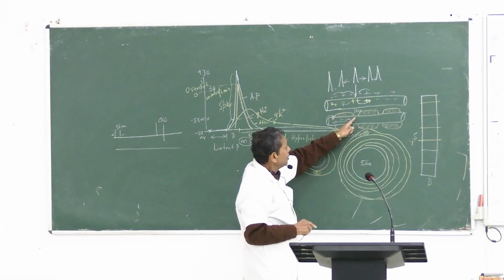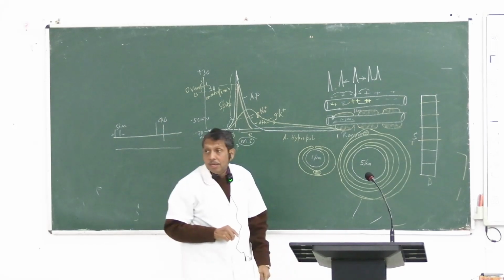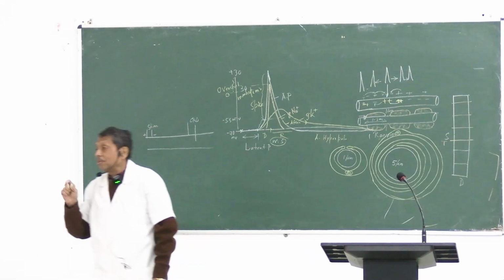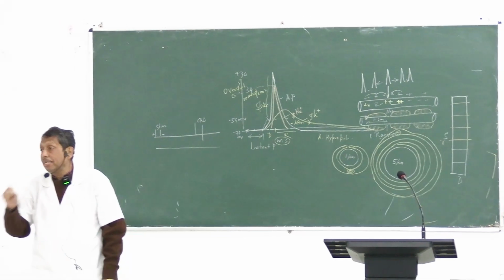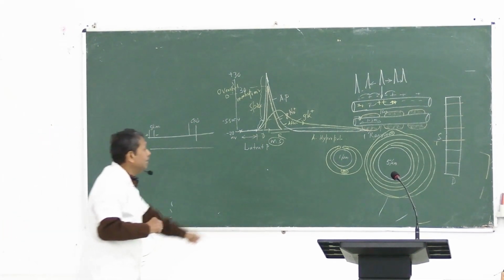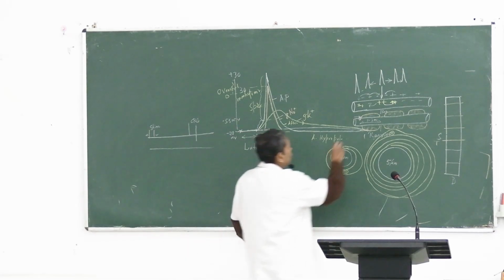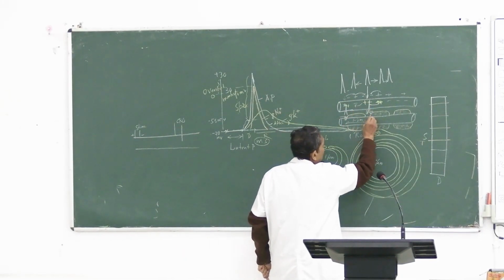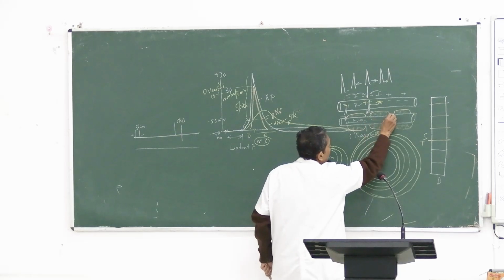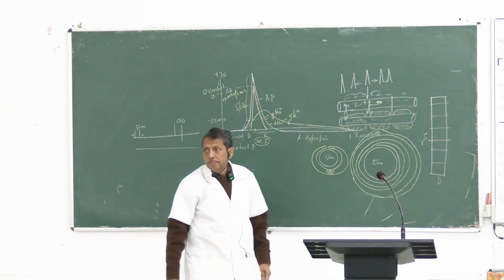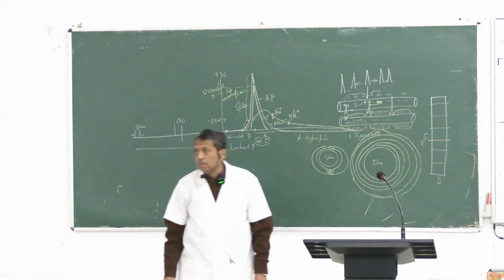It involves the node of Ranvier, and the distribution of voltage gated sodium channels is highest in the node of Ranvier. So very quickly, if there is an action potential at this point, and at this point, very quickly the action potential will influence in this way, and in this way it will propagate quickly. Clear?